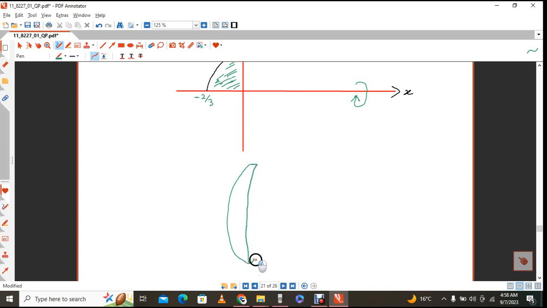Yeah, it's like a disc, right? And the x-axis, let's suppose we are going this way, then we're going out, then I go up.